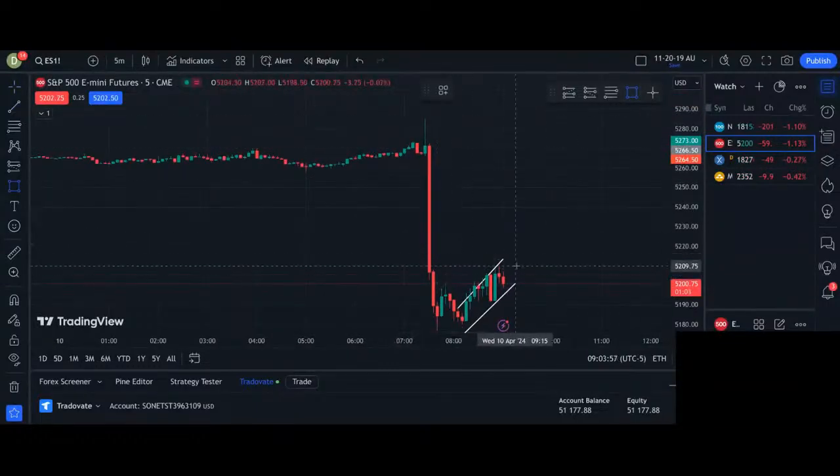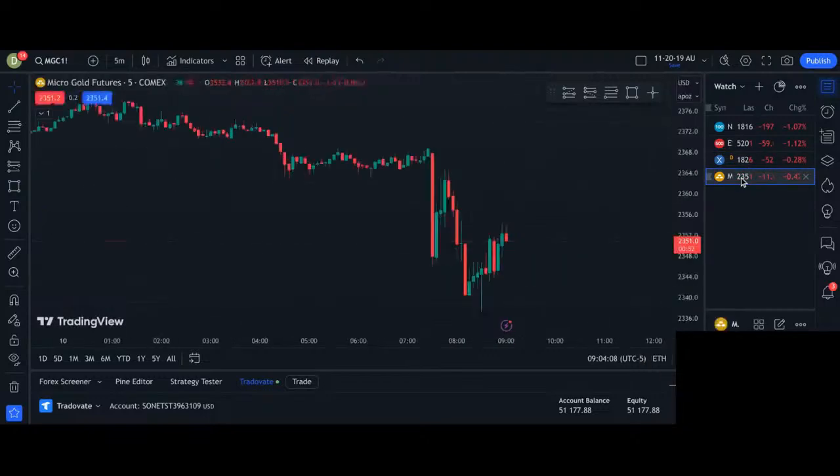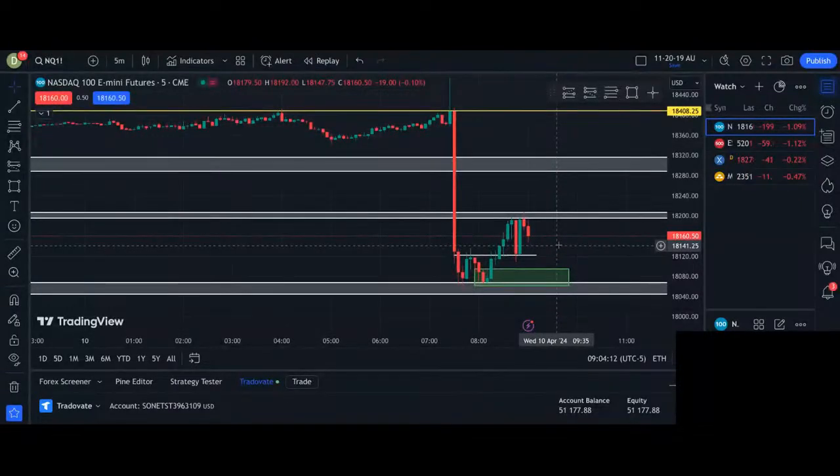It's also not breaking. Market might not give us nothing clean today.